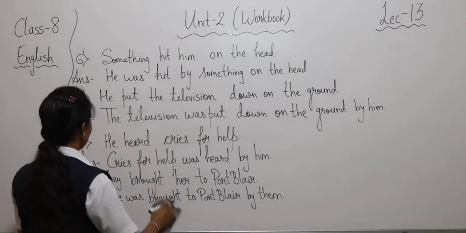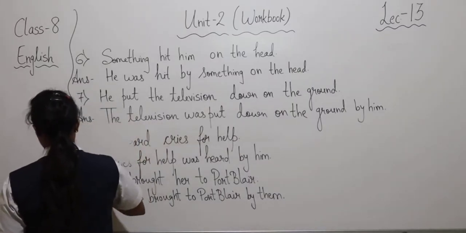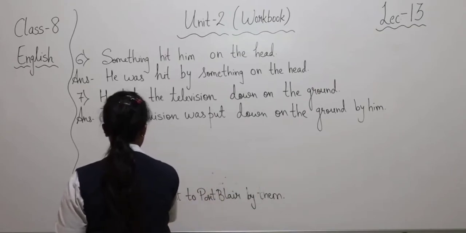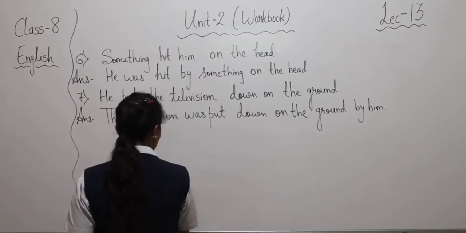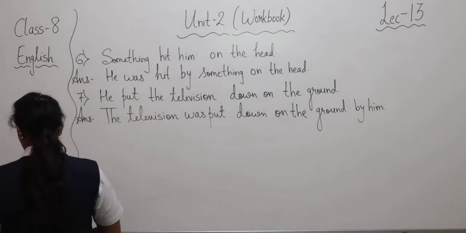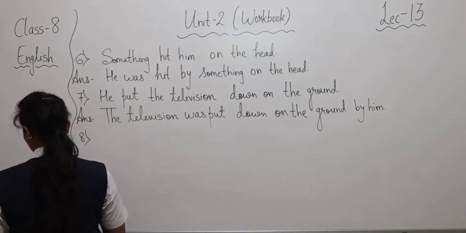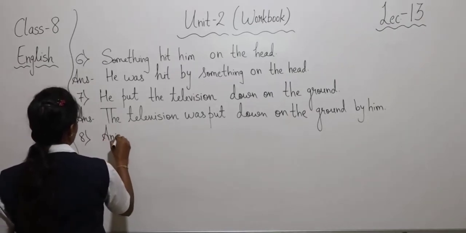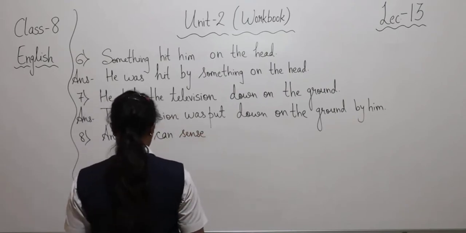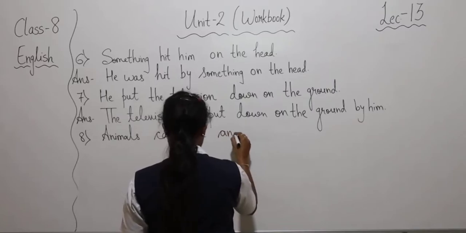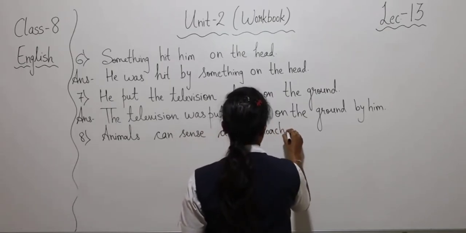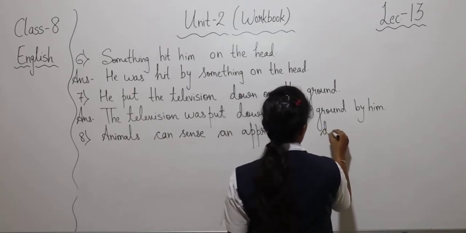Then the next sentence, write down 8: Animals can sense an approaching danger.